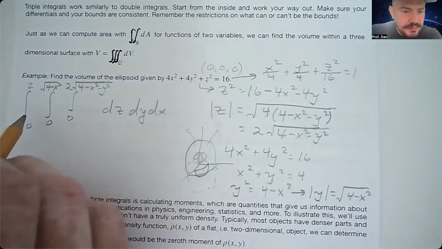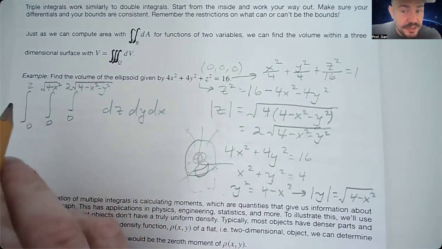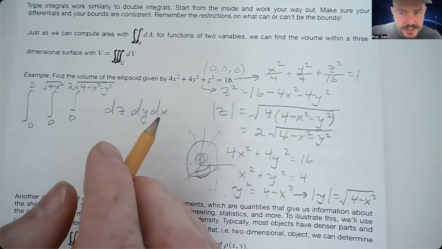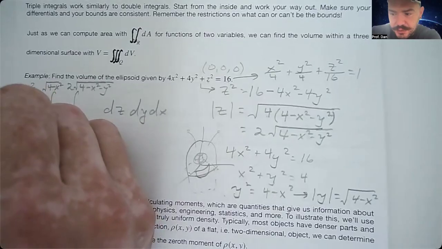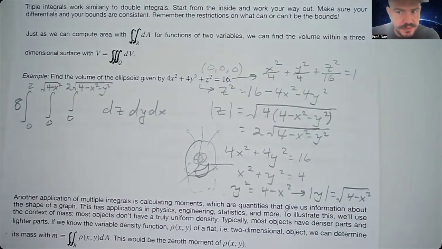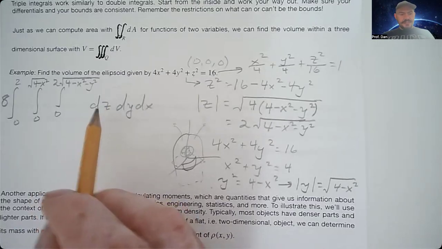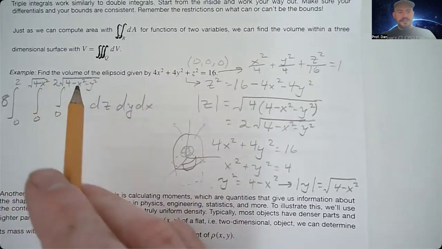Anyway, if I want to find the volume of the entire ellipsoid, I would need to take the triple integral that I set up here and multiply it by the number of octants. In this case, we can use symmetry to make our lives easier. Everything that we've said setting up this integral still applies.